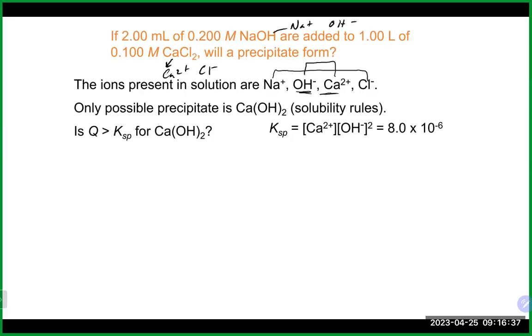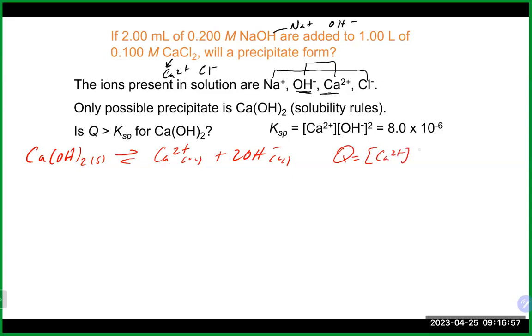So we do obviously want to calculate Q. It is based off of our calcium hydroxide here. And that would break apart into calcium ion and a couple of hydroxide ions here. That would give us a Q that is the same as our KSP in terms of how we're going to calculate it.